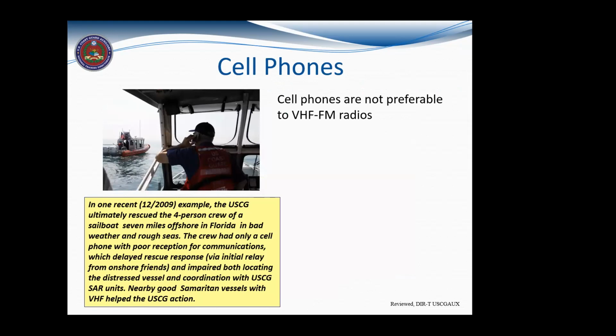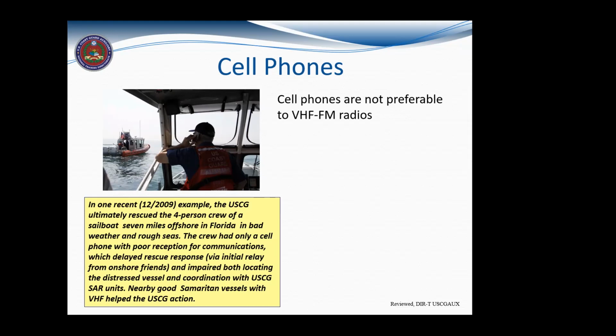Because a radio talks to everybody in the vicinity, it's a good way to pass information when you're in trouble. A cell phone has some disadvantages. The first one being you don't always have cell phone coverage far from shore. Even when you have cell phone coverage, you're only talking to one person at a time.